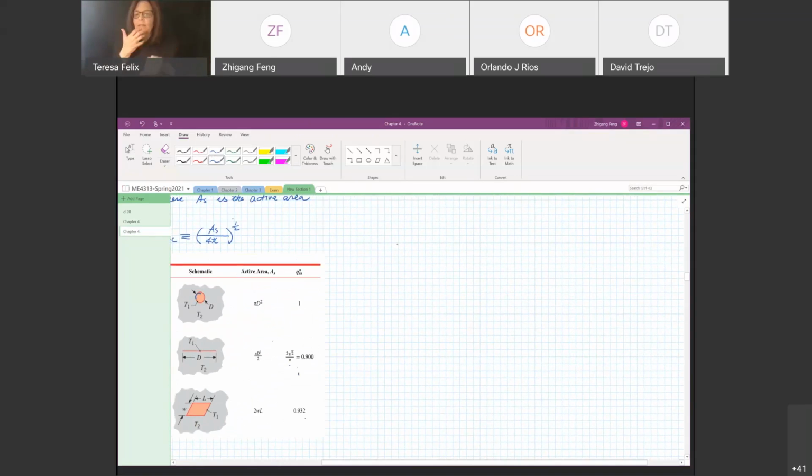For conduction, we know heat transfer rate of conduction equals the conduction heat flux, which is K multiplied by the temperature difference divided by the gap between the two boundaries. So that's the heat flux multiplied by the cross-section area. So now we have the conduction heat transfer rate. Okay, this is the formula we learned in the first chapter.